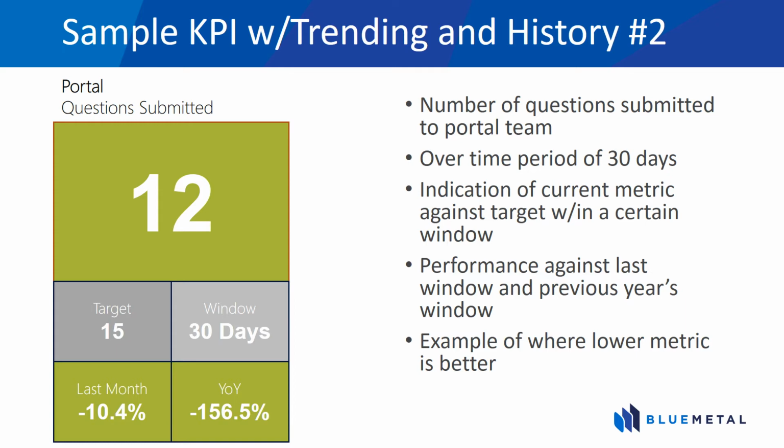The window is 30 days, so we look at the last 30-day period, which is the last month, and we're also down 10% from last month, so that's good. And then year over year, we're down 156%. So green across the board. The lower metric in this case is better, and the KPI gives you the measurement, but also the context and the history, and tells an even better story about that measurement.